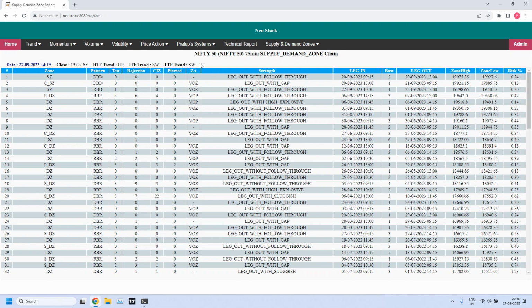If the 25 minutes trend is uptrend, we can assume that slowly the market is moving in an up direction from the lower time frames. If the strength continues, then probably the 75 minutes trend also will change to uptrend in the coming trading sessions.